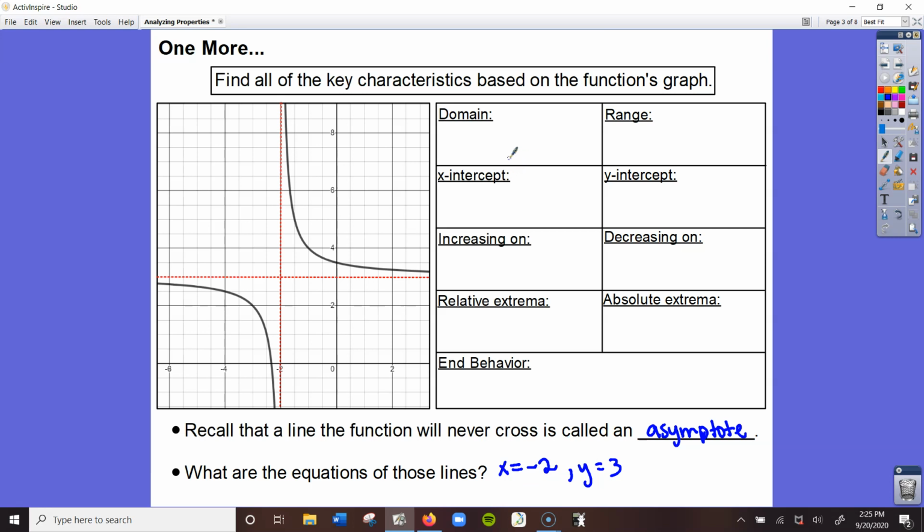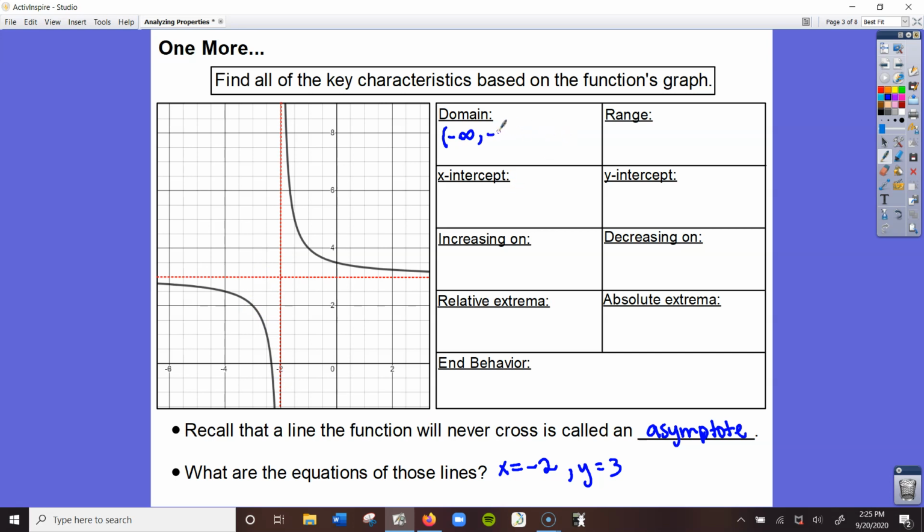So when we're finding the domain, we see that this graph extends forever to the left, so it would start at -infinity. But as I continue to read my graph from left to right, I see that here at x is equal to -2, I would have to stop because the graph there does not go through that point.